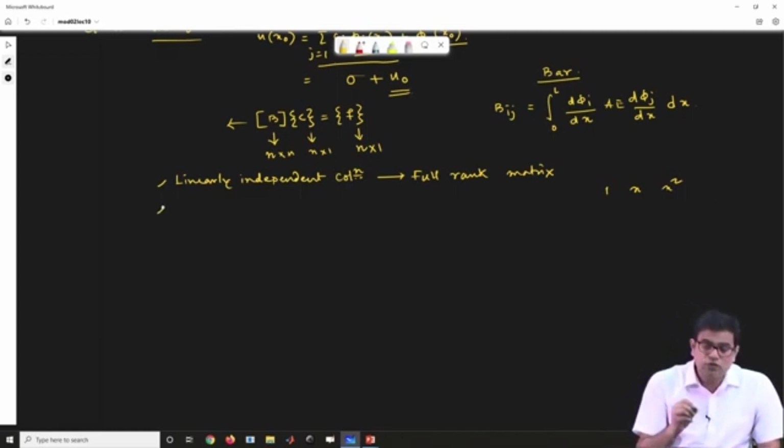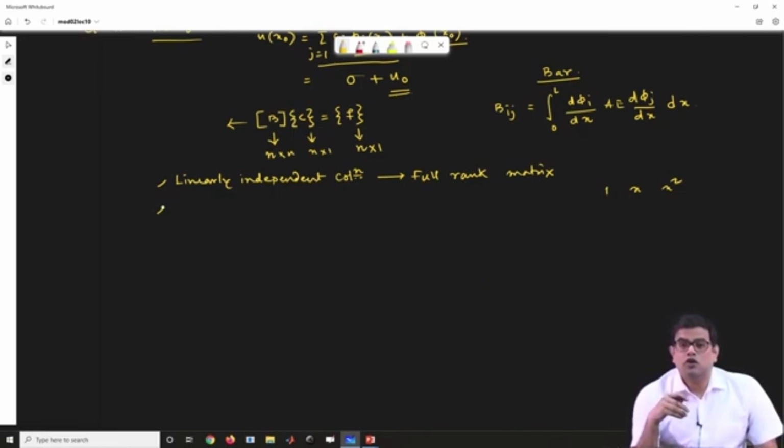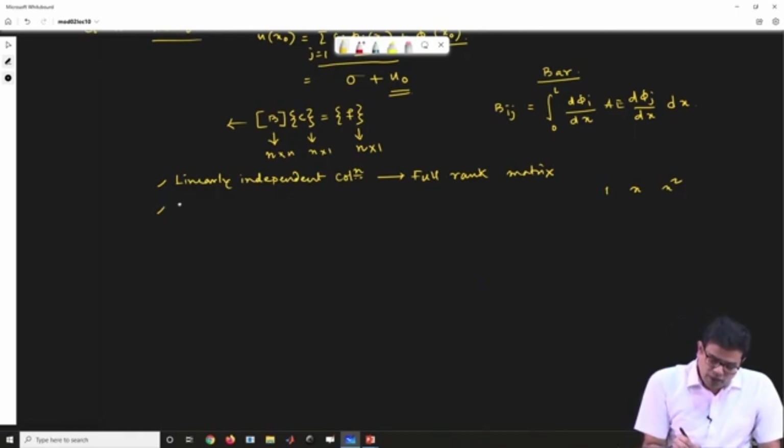The second thing is that we always prefer to take the complete polynomial. What is the use of this? If we want to find an approximate solution, we don't know the exact solution. Suppose I start with a quadratic approximation and don't consider the linear term, then if the solution is somewhere linear, our approximation cannot represent it. So one requirement is that we should have a complete polynomial.